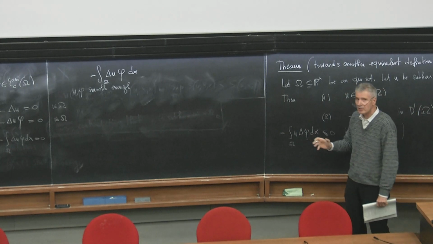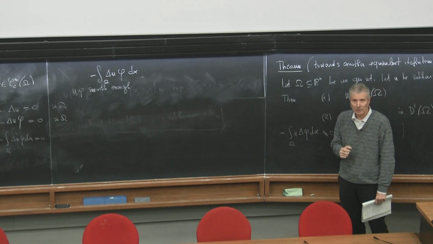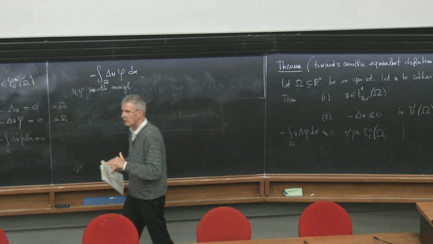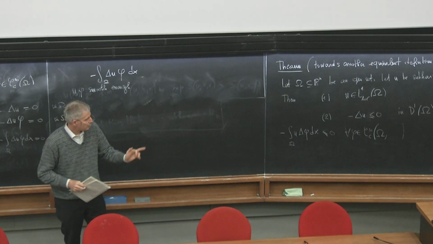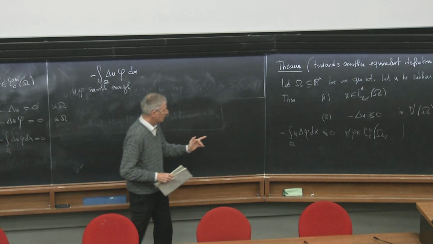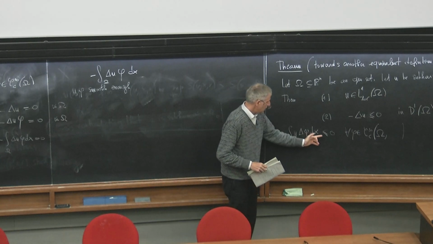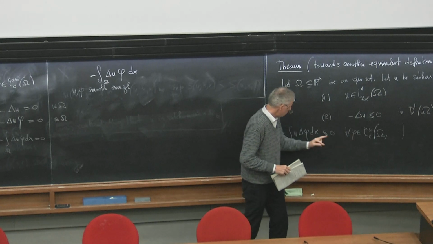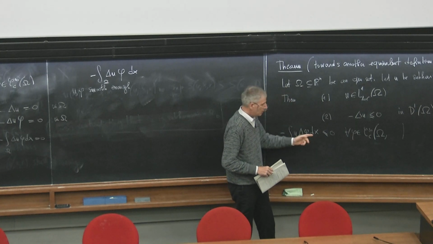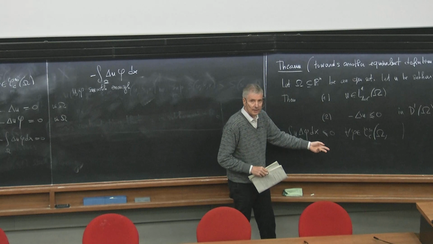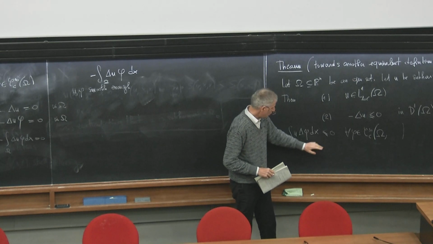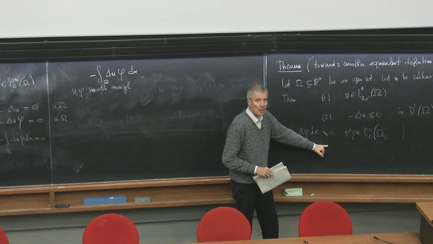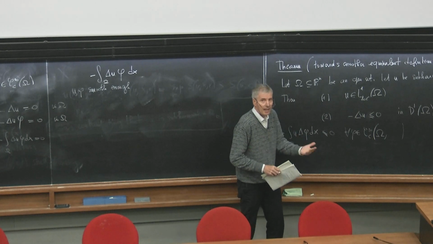Because I can always change phi into minus phi, no? Yes, if I am allowed to change phi into minus phi, this inequality changes sign, so we have two inequalities at the same time. It becomes equality. So it must be equal.